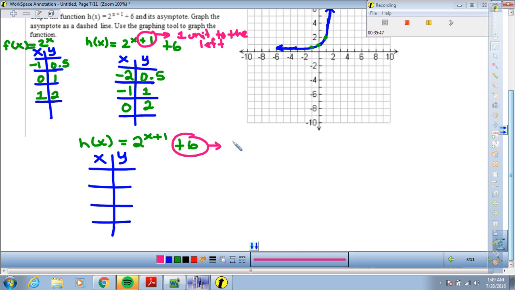This means 6 units up, or upward. So that means that now the x's stay the same, but to the y's we're going to be adding 6. So 0.5 plus 6, 6.5, 1 plus 6, 7, 2 plus 6, 8.